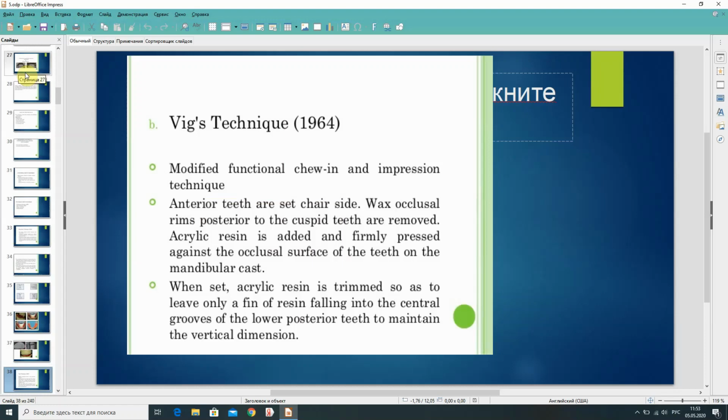Peak's technique, modified functional chewing and impression technique. Anterior teeth are set chairside, and wax occlusal rims posterior to the cuspid teeth are removed. Acrylic resin is added and firmly pressed against the occlusal surface of the teeth on the mandibular cast. When set, the acrylic resin is trimmed so as to leave only a fin of resin falling into the central grooves of the lower posterior teeth to maintain the vertical dimension.